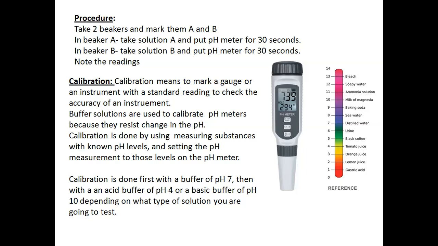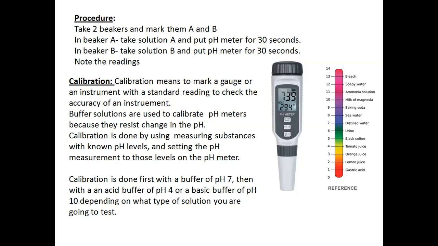So for a pH meter, calibration is very crucial. Calibration means to mark a gauge or an instrument with its standard reading. In other words, it is to correlate the readings of an instrument with those of the standard in order to check the accuracy of the instrument.